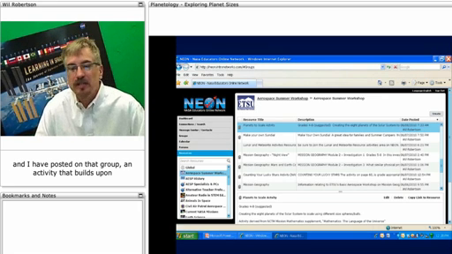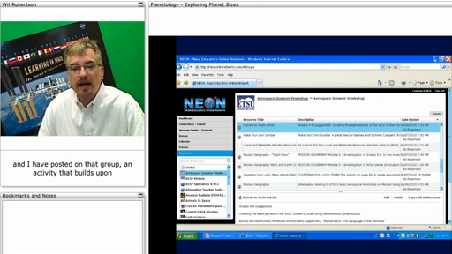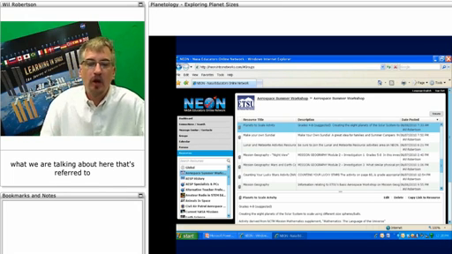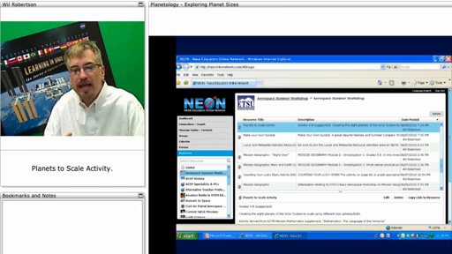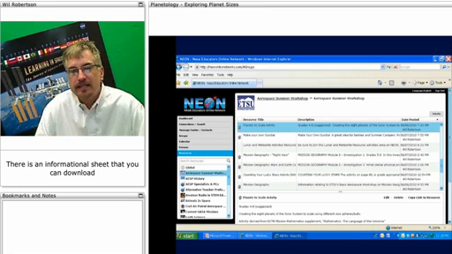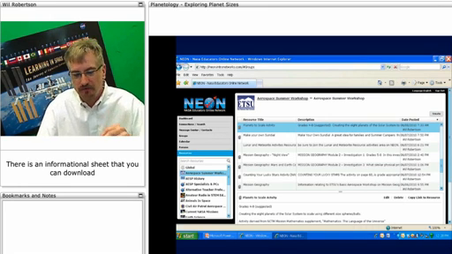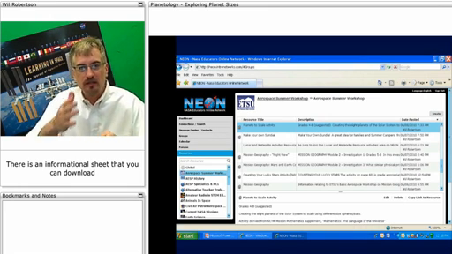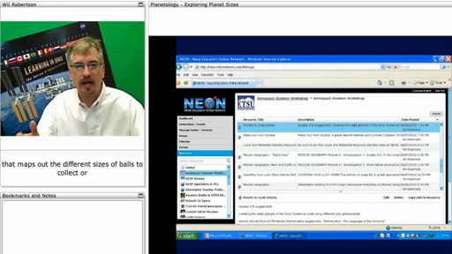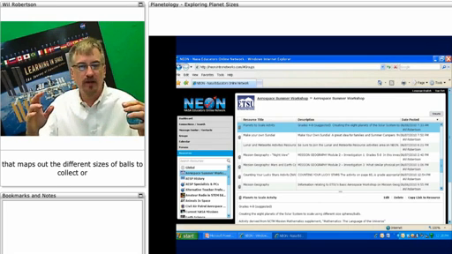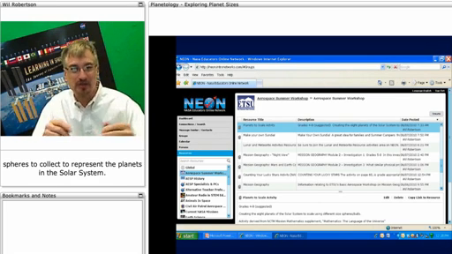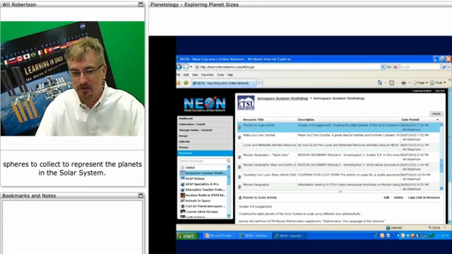I have posted on that group an activity that builds upon what we're talking about here, referred to as the Planets to Scale activity. There's an informational sheet that you can download that maps out the different sizes of balls or spheres to collect to represent the planets in the solar system.